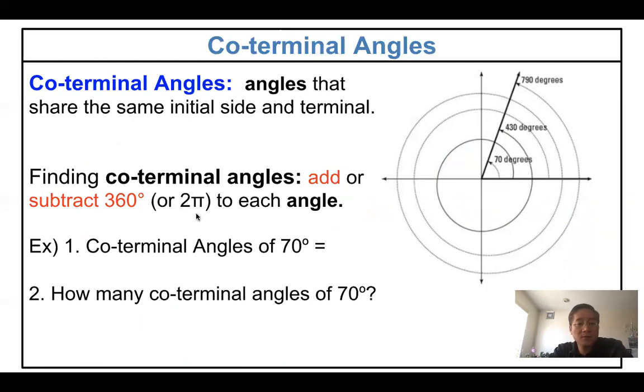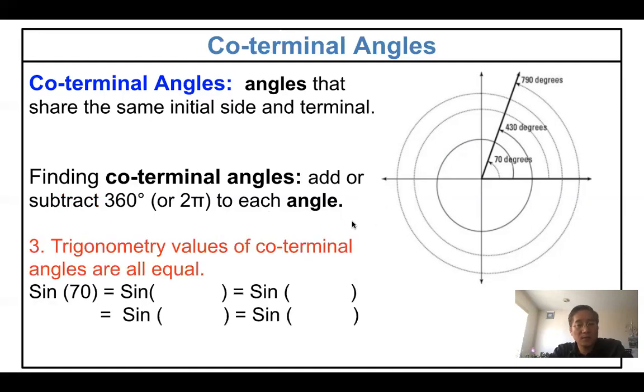Later we are going to learn about radians. So the coterminal angles of 70 degrees we already found: 70 degrees, 430, 790, and if you go the negative way, negative 290 degrees, and so on. All right, now I want you to try this.